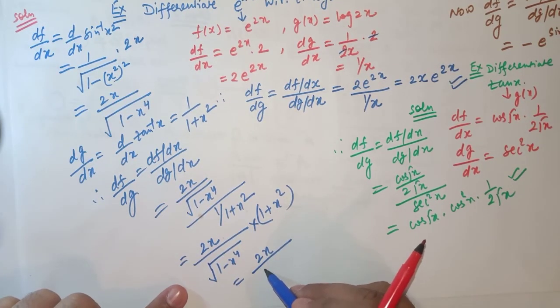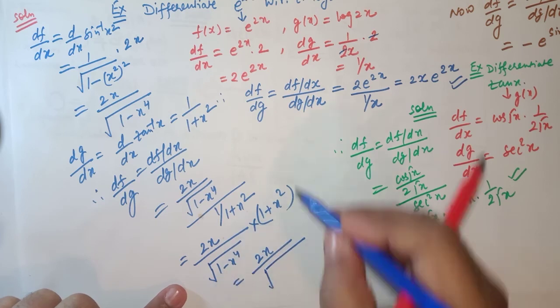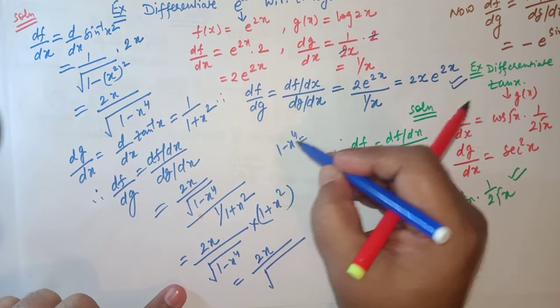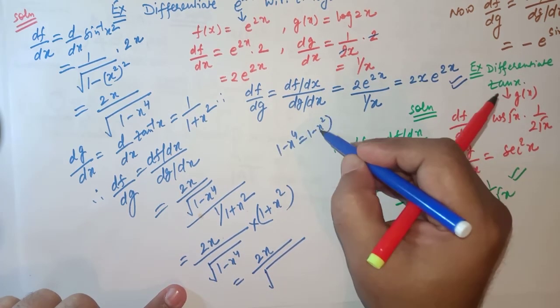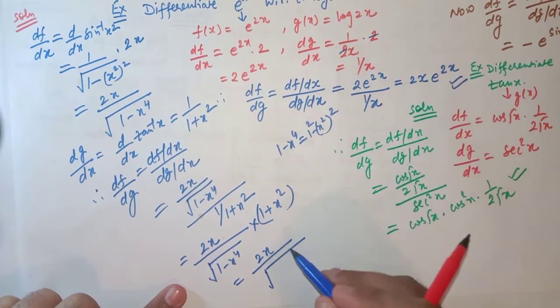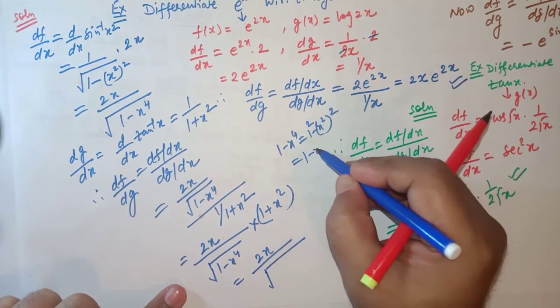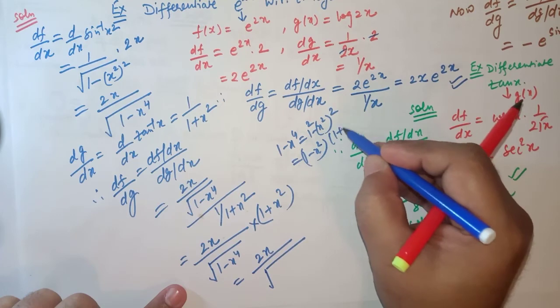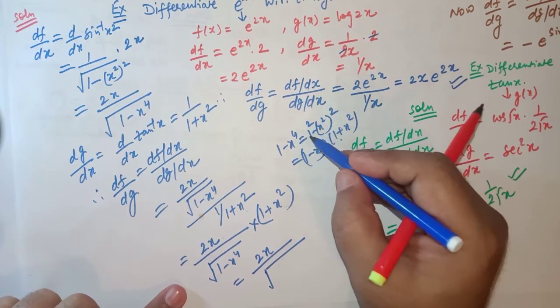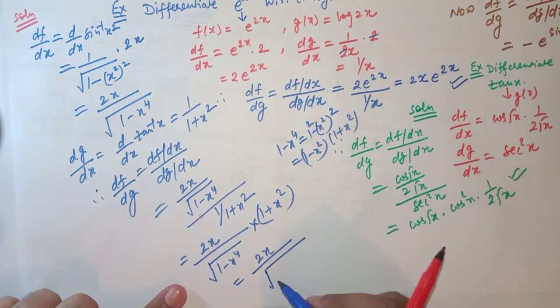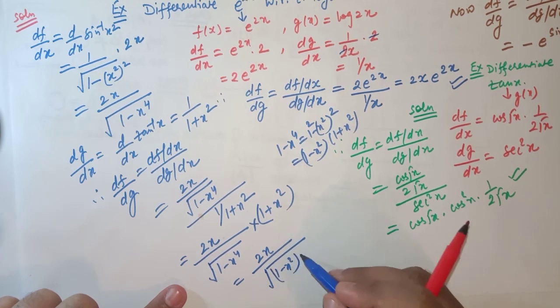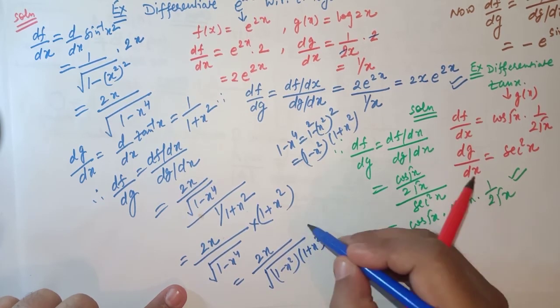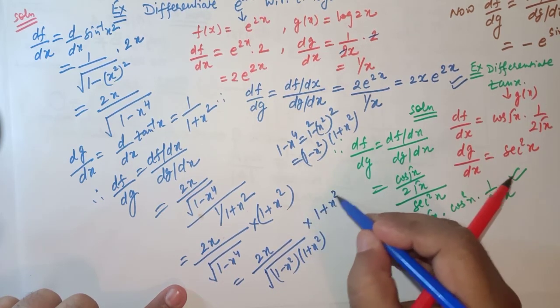Now we can also simplify it further, that is 2x, and this expression can be written as square root of, because 1 minus x raised to 4 can be written as 1 square minus x square whole square, a square minus b square. So we can write it as 1 minus x square multiplied by 1 plus x square.